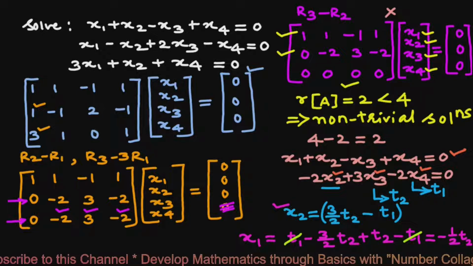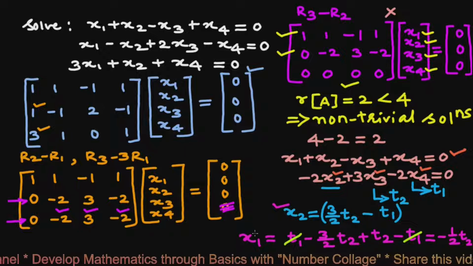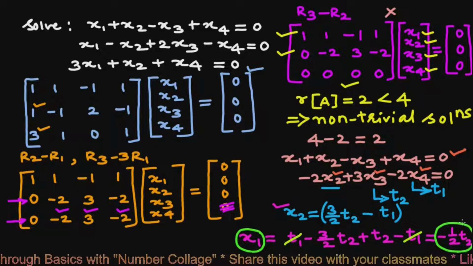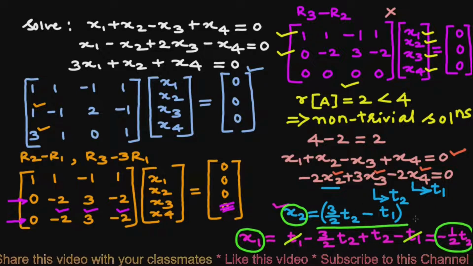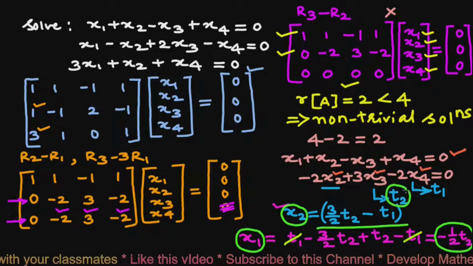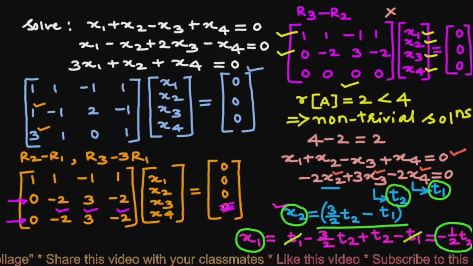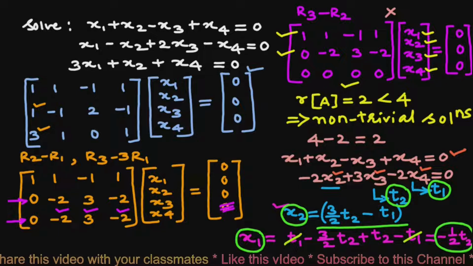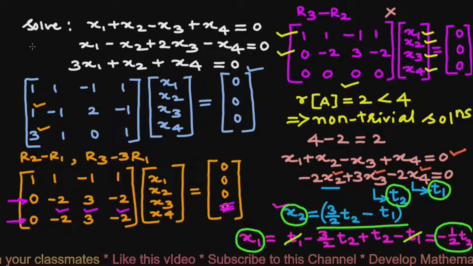Thus we get the independent solutions of this system of linear equations as x1 equals minus half t2, x2 equals 3 by 2 t2 minus t1, x3 equals t2 and x4 equals t1. We can verify that this solution is correct by substituting the values of x1, x2, x3 and x4 in these equations.